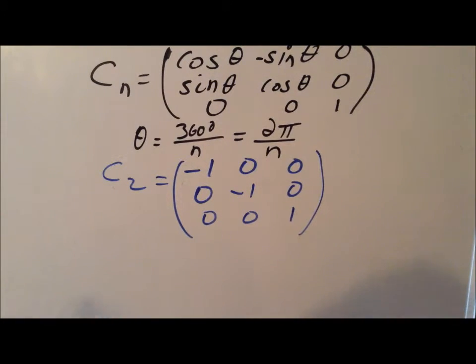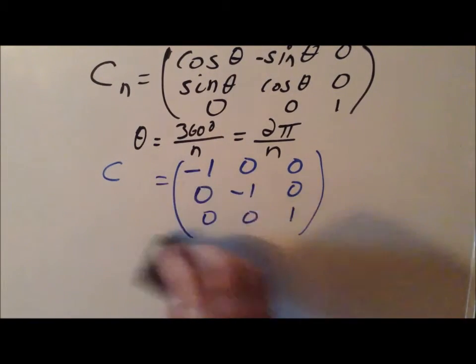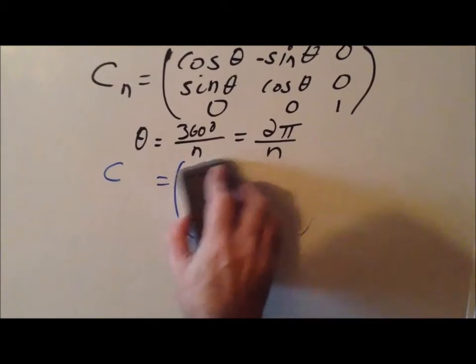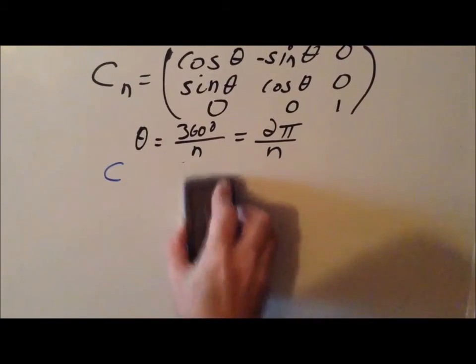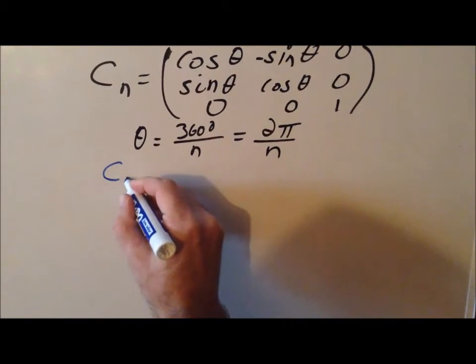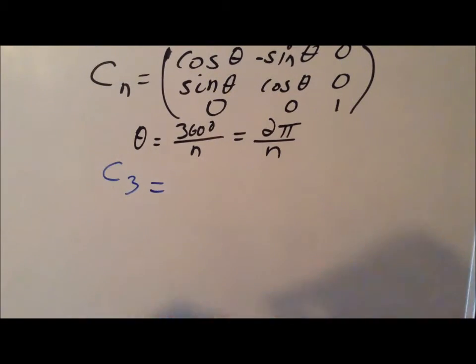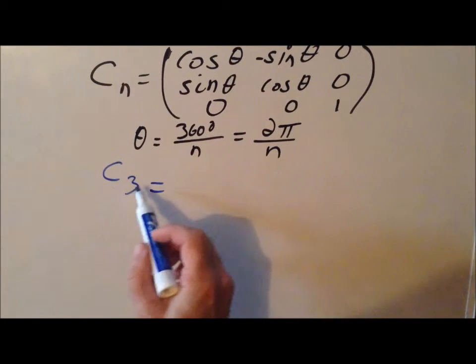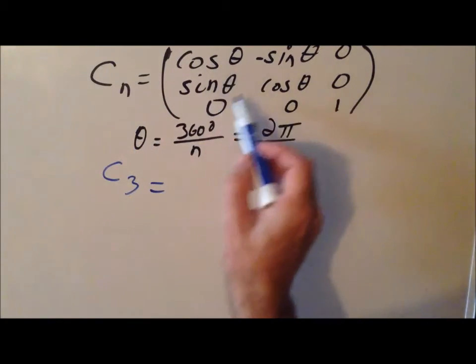Now let's look at the form for C3, which is an important and interesting matrix. We had looked at this in 2 dimensions, so it would be simple enough to extend it to 3. Recall that n is 3, so our theta angle is going to be 120 degrees.